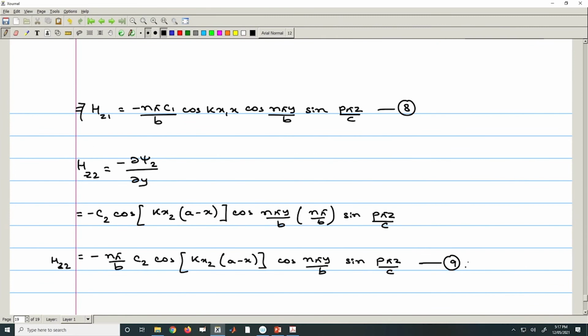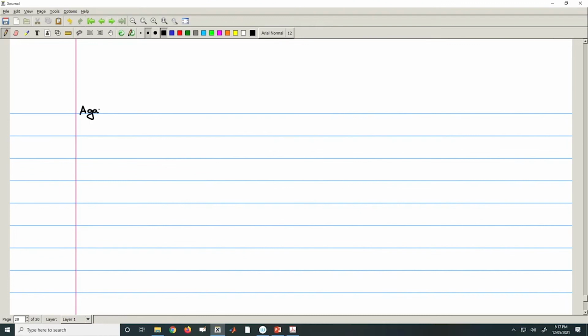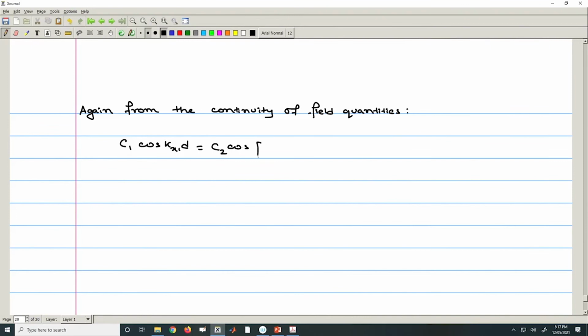Okay. So, again from the continuity of field quantities we can write C 1 cos of k x 1 d equals to C 2 cos of k x 2 a minus d, that is, at x equals to d we are checking the continuity of the field quantities.